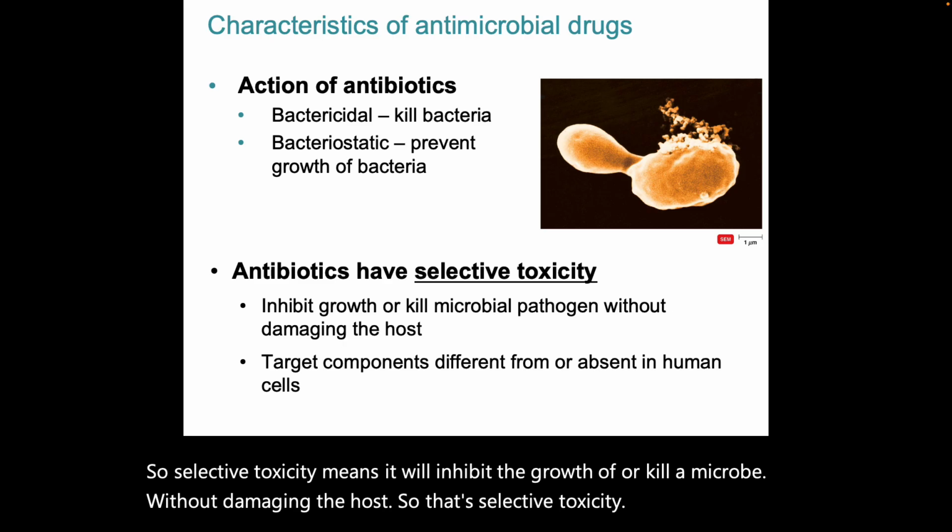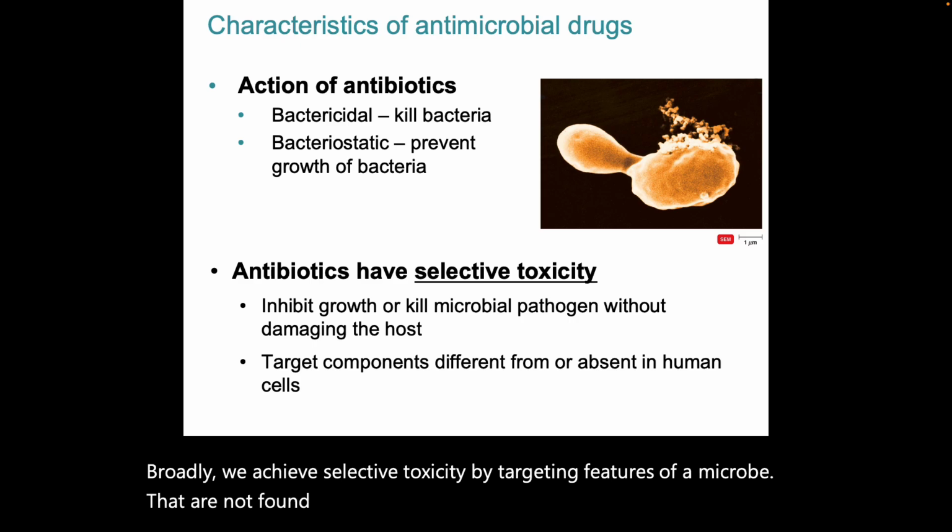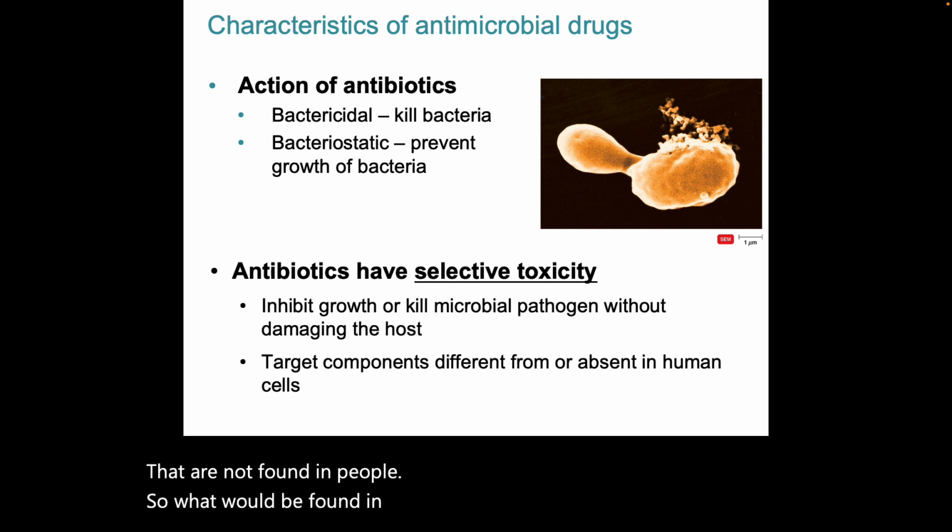Broadly, we achieve selective toxicity by targeting features of a microbe that are not found in people. So what would be found in a microbe that's not found in people? Cell wall. That's a good one.